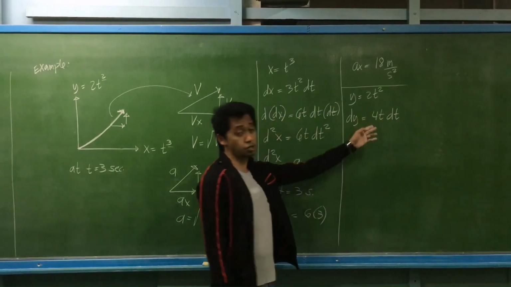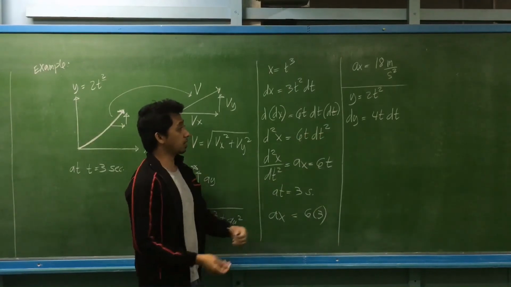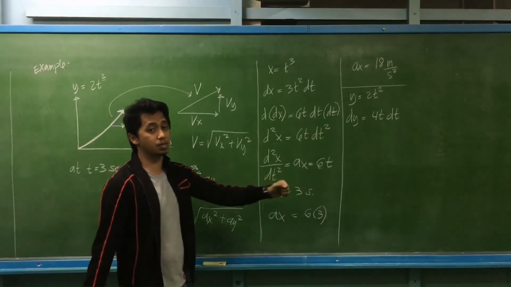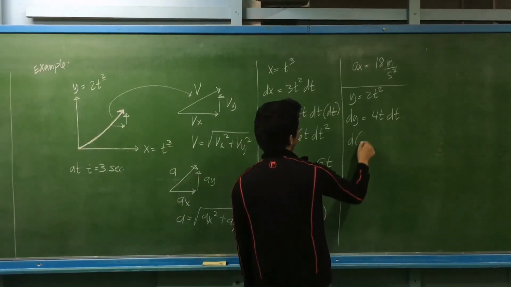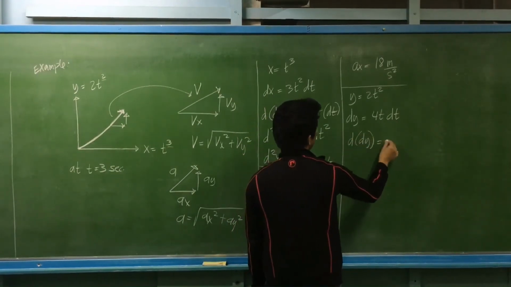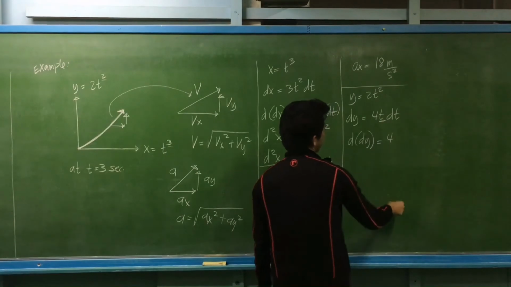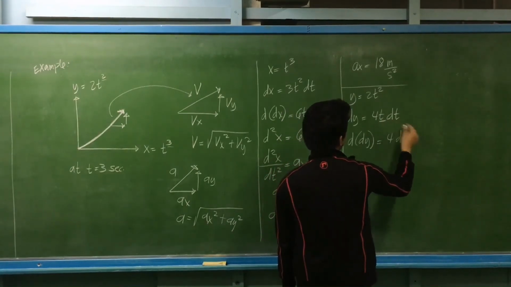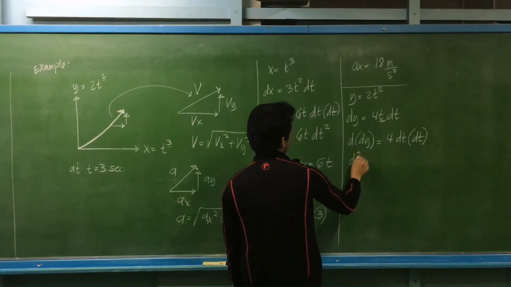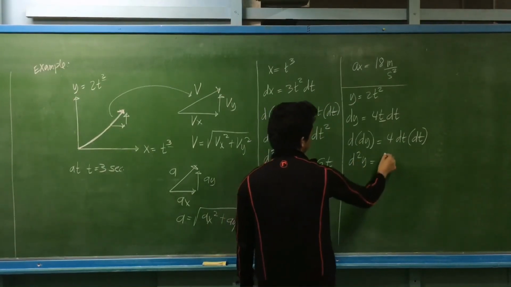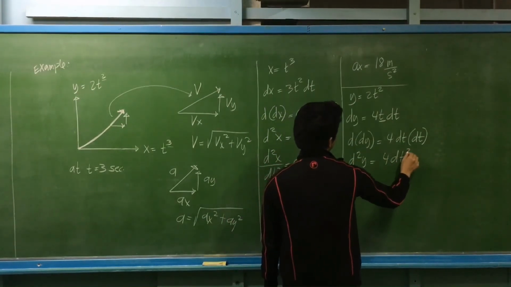Okay, that is the equation of the velocity. Second derivative will give us the equation of the acceleration. So this is the derivative of dy is equal to 4 times the derivative of t, dt, times the existing dt. We'll be having d squared y is now equal to 4 dt squared.